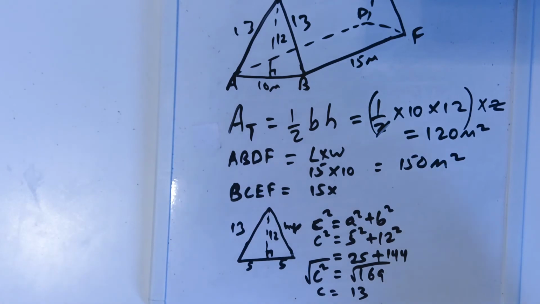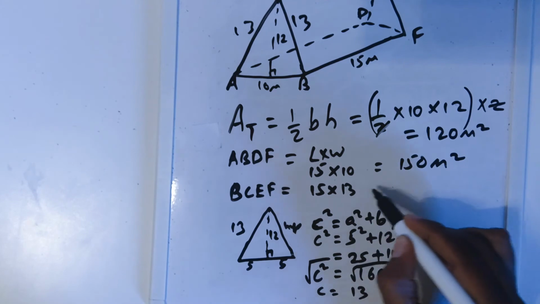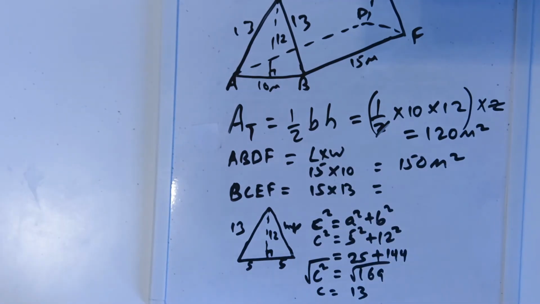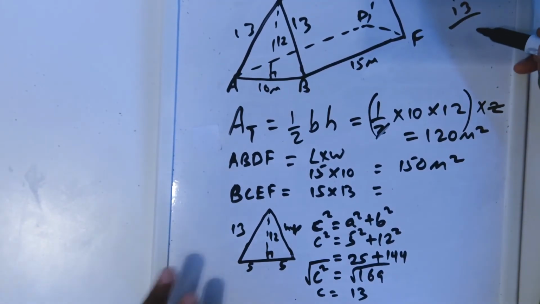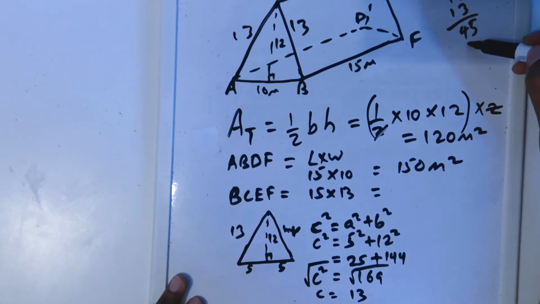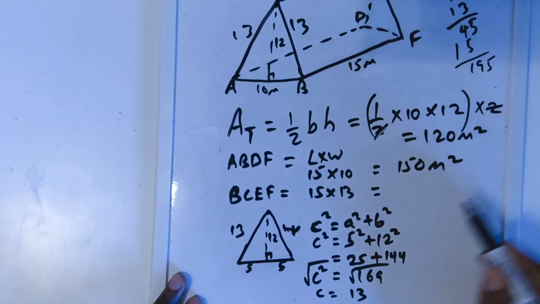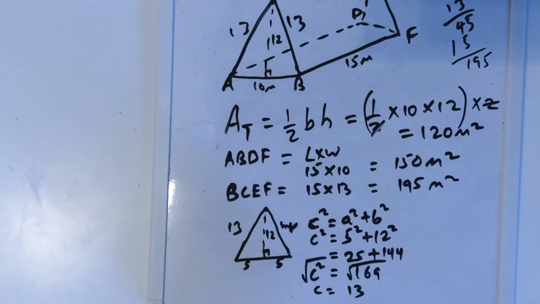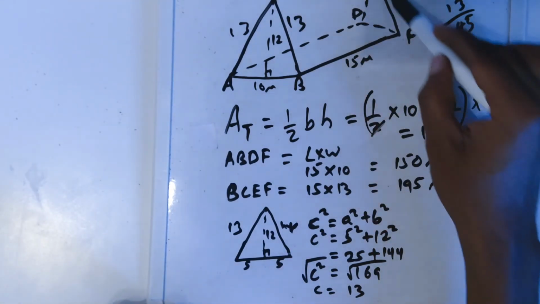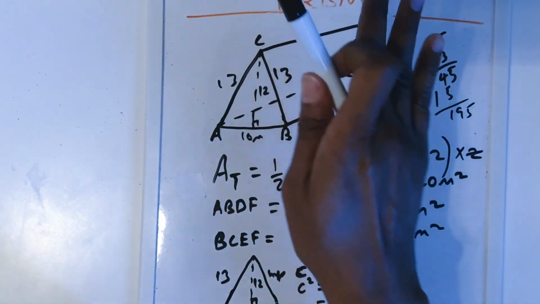And in order to find the area of this rectangle now, it is 15 times 13. What do you get when you multiply 15 times 13? That is 195. Okay, I hope that's correct. 195 meters squared. So that is the area of this rectangle, the one on the right side.